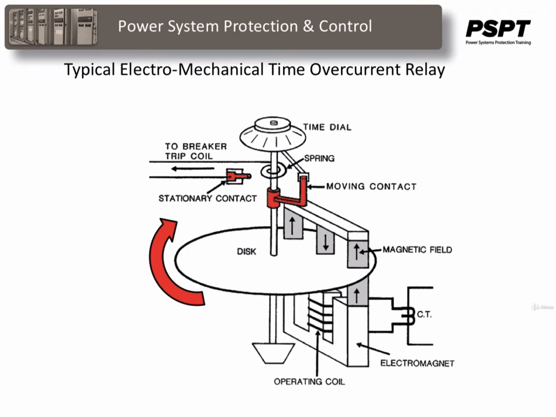The time to close the contacts depends on the contact travel distance, which is set by a time dial, and the pickup current is adjusted by selecting current taps on a current coil. The relays are normally available, as we saw, in three ranges: inverse, very inverse, and extremely inverse, with current taps at 0.5 to 2.0 amps, 1.5 to 6.0 amps, and 4 to 16 amps.